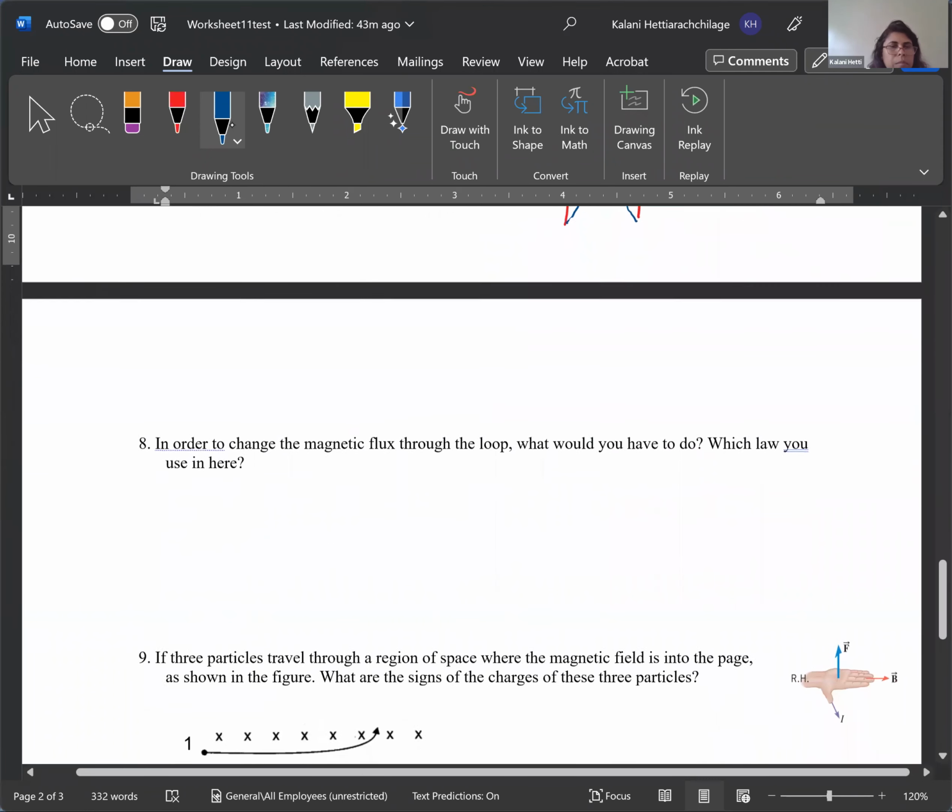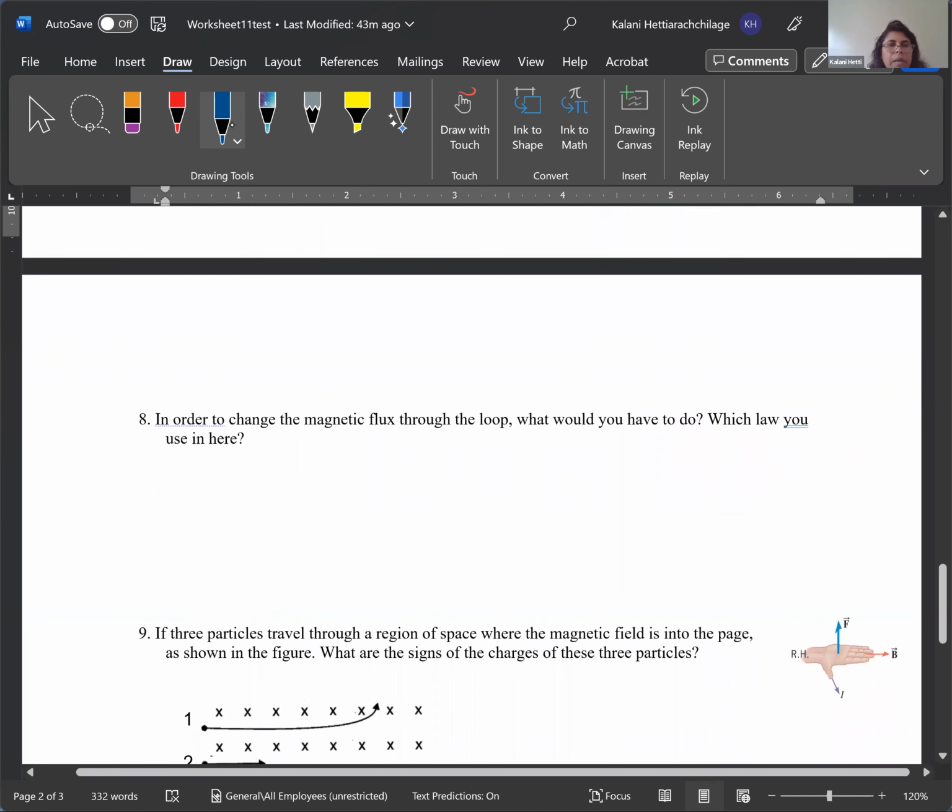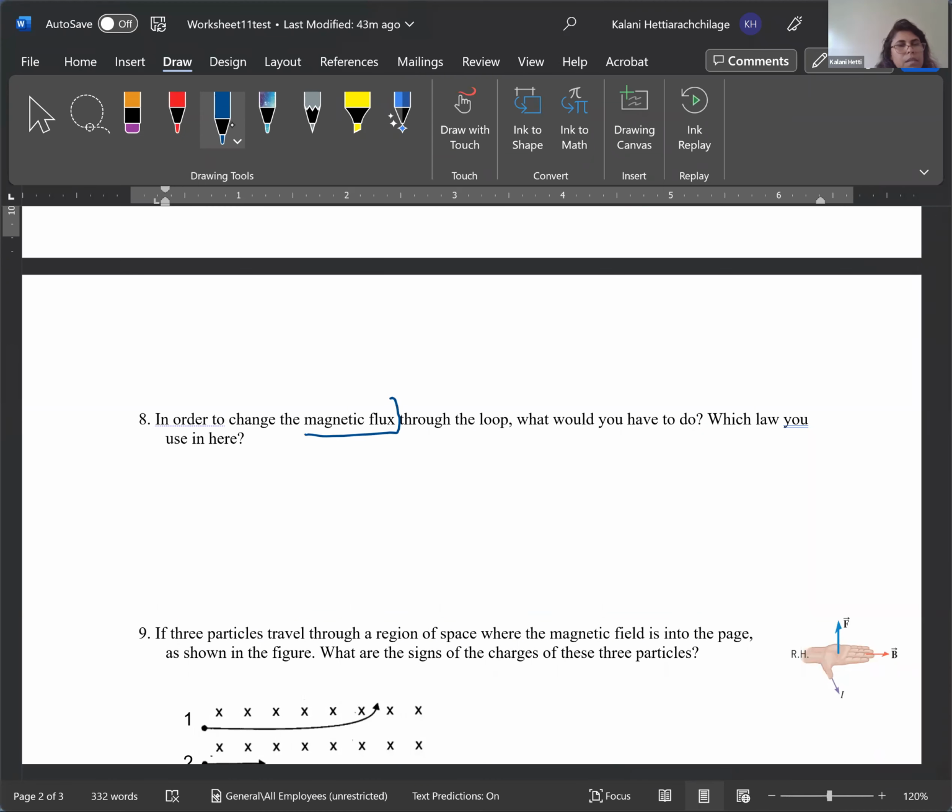Okay, so now let's move to number 8. In order to change the magnetic flux through the loop, what would you have to do? Which law are you using here? So magnetic flux is defined as how many magnetic field lines can cross some kind of loop, right? For example, if I use the loop in here, when I pass the magnetic field lines through the loop, how many lines can I pass through the loop?